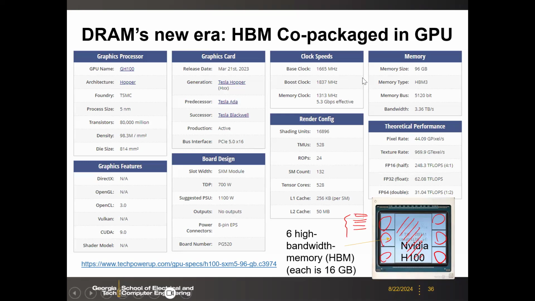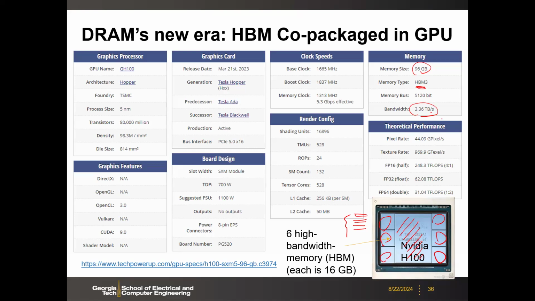So you can look at more details from the data sheet. But I just want to highlight the memory component here, 96 gigabytes DRAM in total. And it's the 3rd generation of the HBM. And then the total bandwidth is like 3.36 terabytes per second.